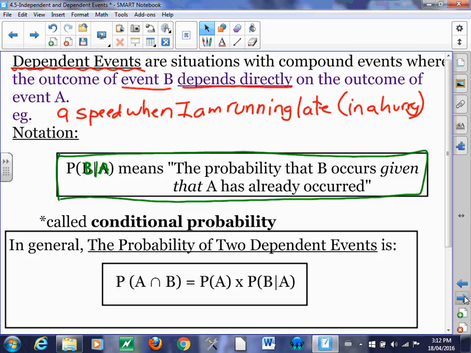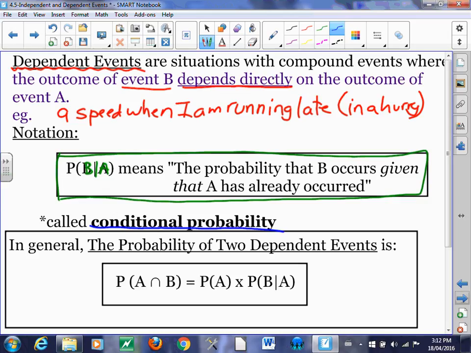So if we have something consecutive like that, that does not have what we call replacement of the cards, then that's what's called a dependent event. This is also called in your textbook conditional probability. For example, event B is conditional on event A. So I speed, which is event B, when I'm in a hurry.